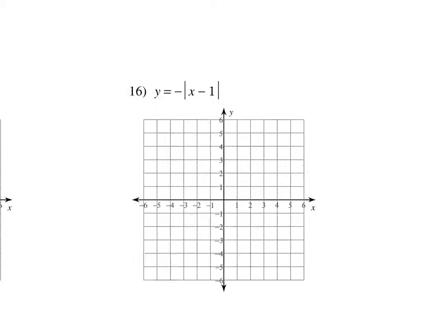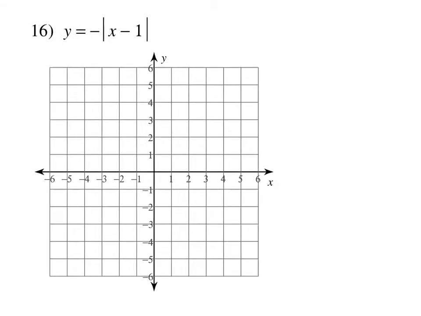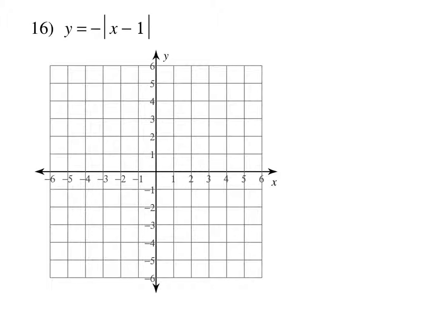All right, looking at number 16. So for number 16, again, we're graphing an absolute value, so we got to find our vertex, which is located where? 1, 0. X is hexed, Y is Y's.